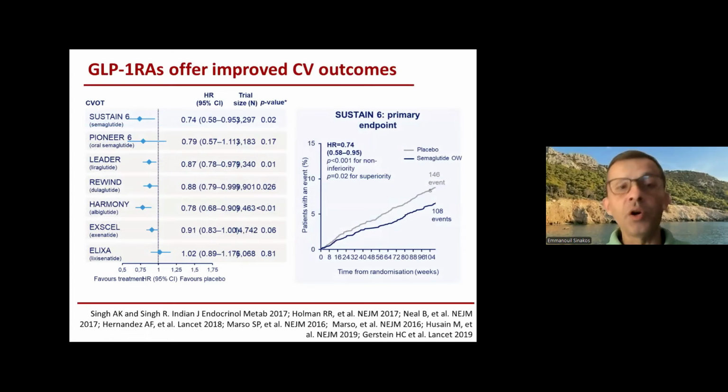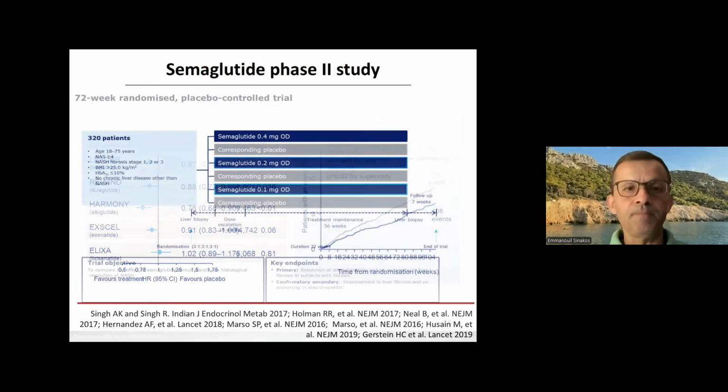And of course, it's, I suppose, very well known in this audience that we have documented cardiovascular improvement with the use of these drugs, with a number of well-conducted studies published in very good journals that have shown superiority as compared to placebo in the cardiovascular coverage of our patients.